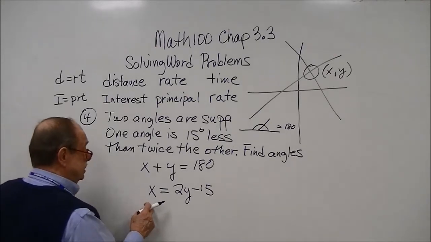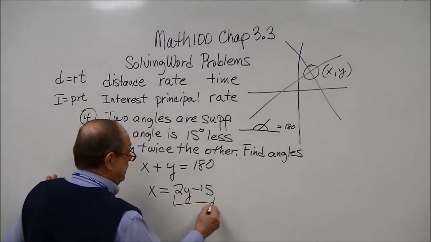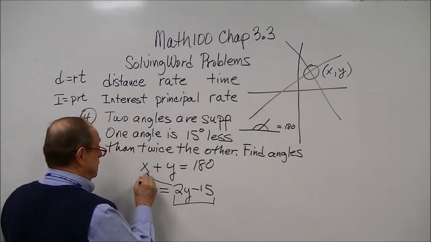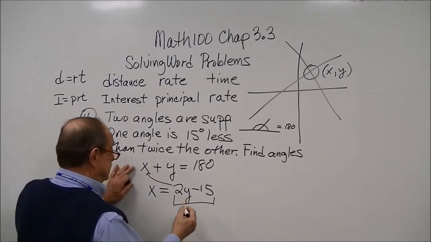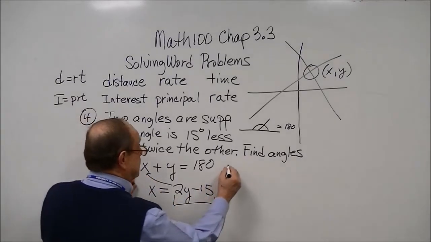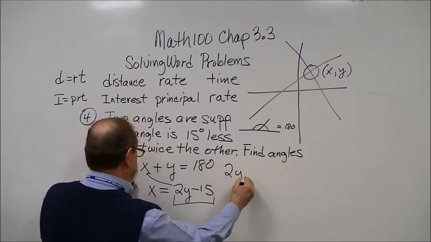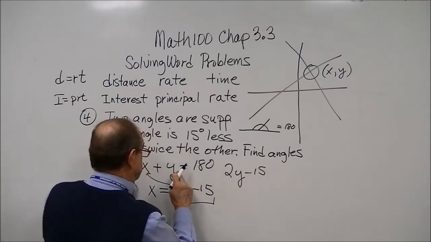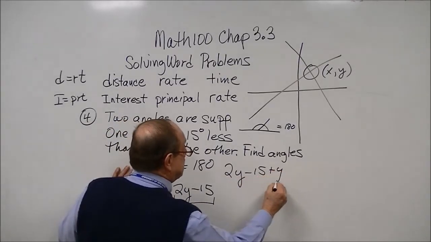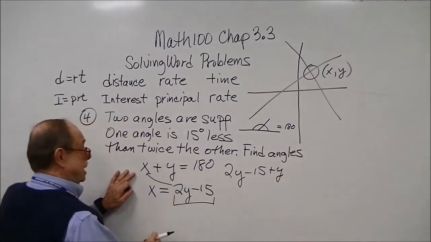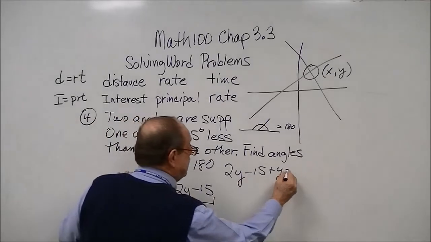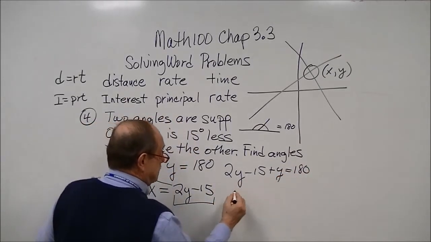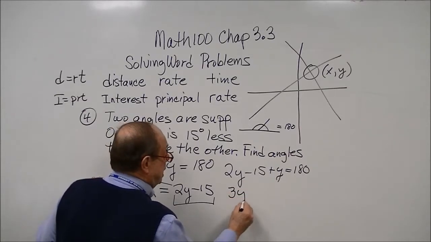Again, substitution. So you have this value of x in terms of y that you'll put here. So let's do this one. So this is going to be 2y minus 15 plus y, that's the other y, equals 180. Group like terms, 3y.